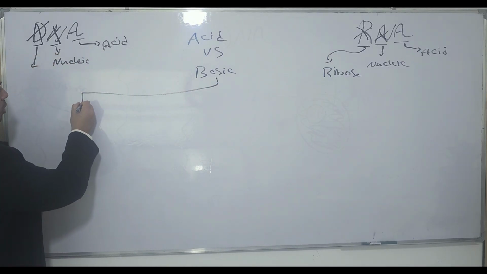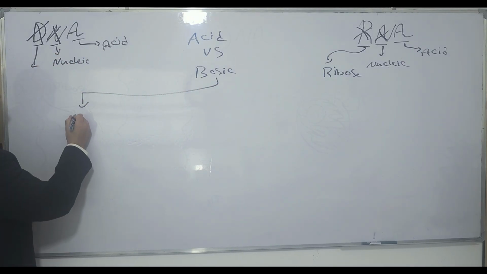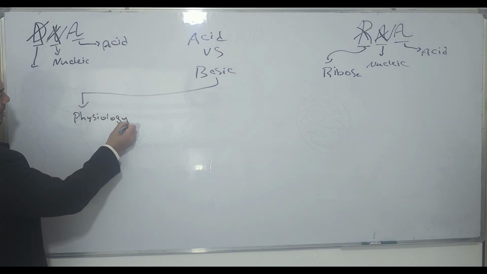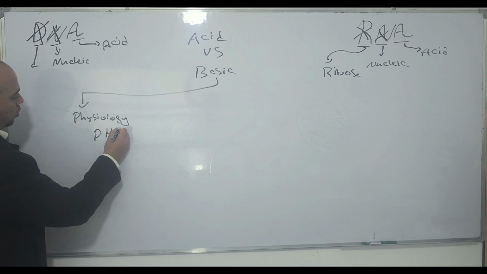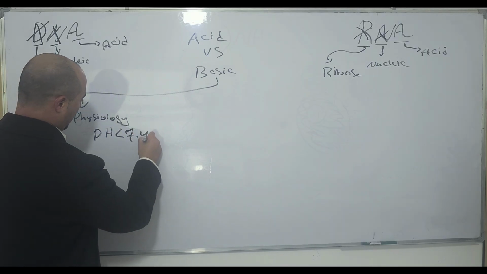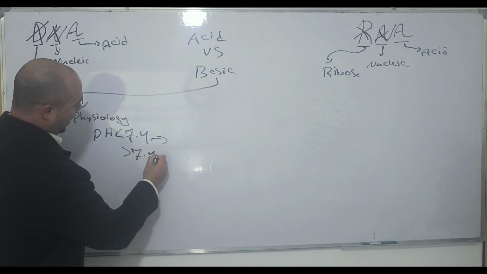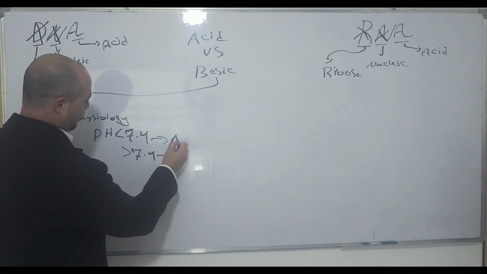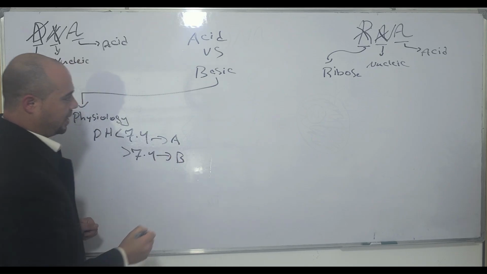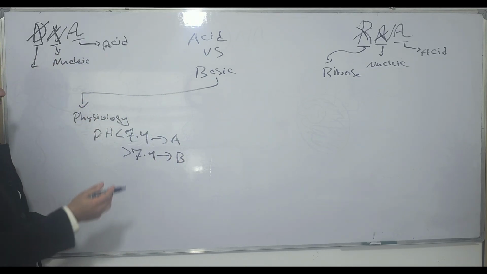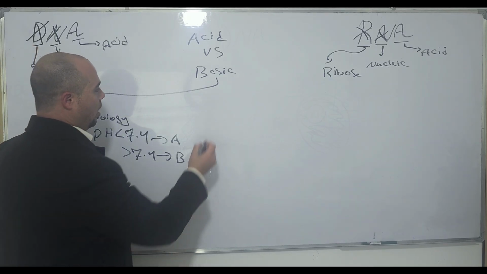If we're talking about blood, fluid, basically anything physiology, then we know that if the pH is less than 7.4, it's going to be acidic, and if it's more than 7.4, it's going to be basic, right? So acidic, basic, that's great, but it does not explain why there's an acid in DNA or RNA, okay?